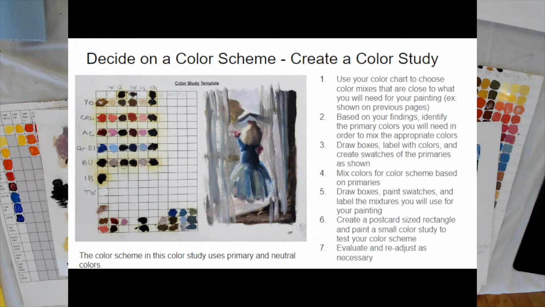So as the artist, I have to look at this and say, I know the limitations of this print, and I need to decide how I am going to re-inject that vibrancy in the painting, because I don't want to be limited to this.